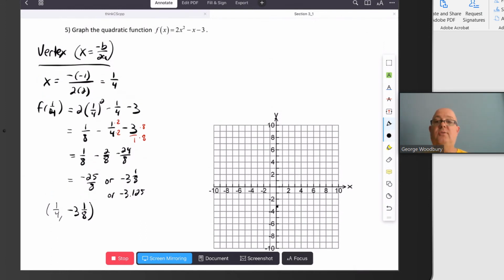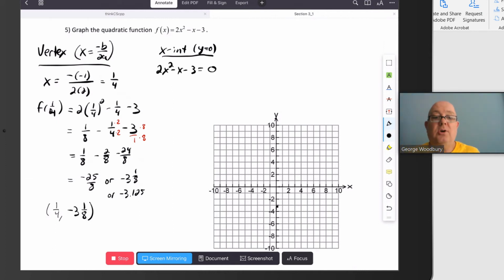Next step is to find the x-intercepts. And this function opens up because the coefficient of x squared is positive. That means that starting below the x-axis, it has to cross it at some point. So we can look for the x-intercepts. Set the function equal to 0, or where y is 0. 2x squared minus x minus 3 equals 0.